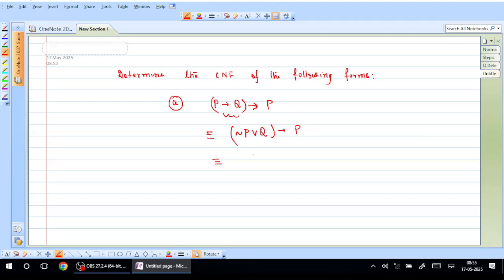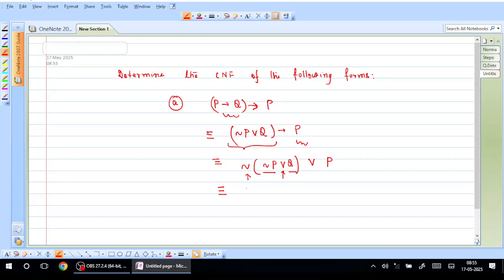Again, the second conditional, if I handle it, then negation of hypothesis, that is negation of P join Q, join consequent, which is P. Now it is the place where I can use De Morgan's law. Negation applies to each atomic statement here, and join will become meet.